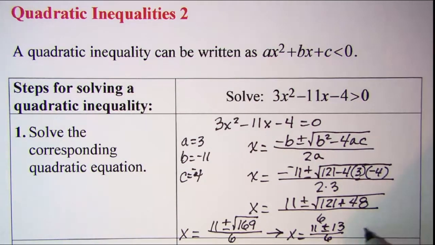So we have x is equal to 11 plus 13 is 24. 24 over 6 is 4. And 11 minus 13 is negative 2. Negative 2 over 6 is negative 1/3.